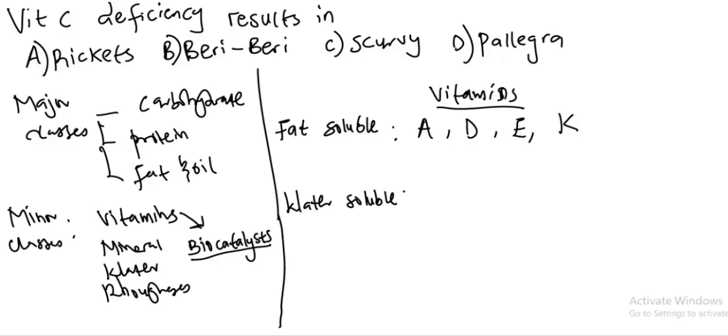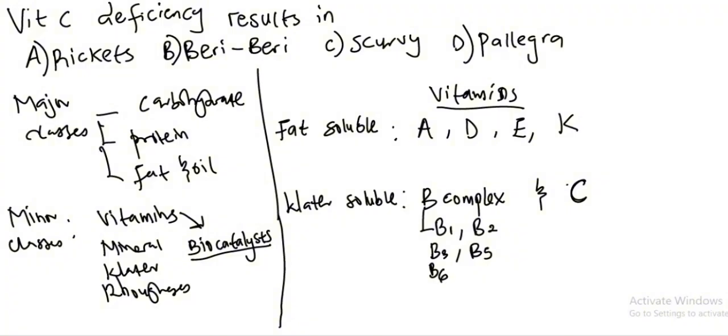And the water soluble vitamins are the vitamin B complex, and vitamin C. And vitamin B complex contains the B1, the B2, the B3, the B5, the B6, the B7, the B9.